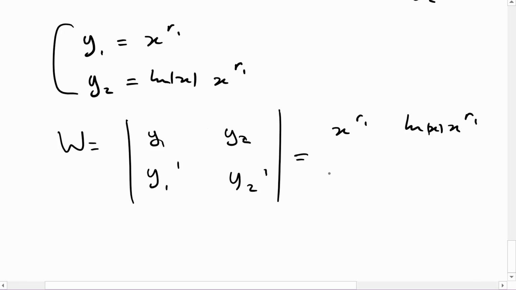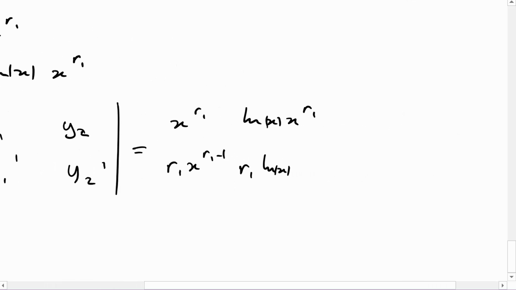Then when you differentiate it, you end up with r1 times x to the power of r1 minus 1. And in here you end up with x to the power of r1 ln x. This is where it gets a little bit messy. r1 ln x times x to the power of r1 minus 1 plus x to the power of r1 minus 1.